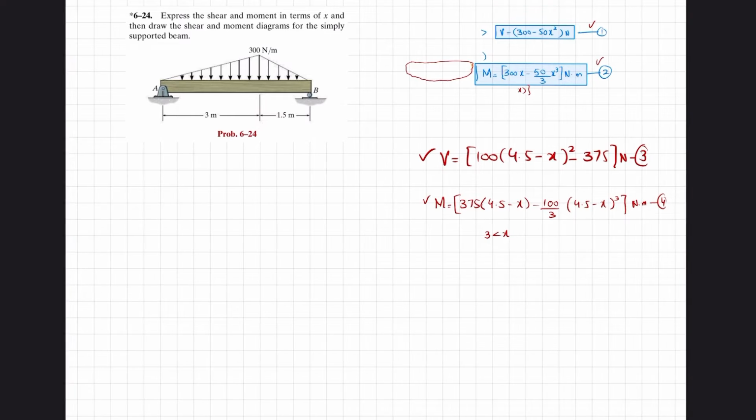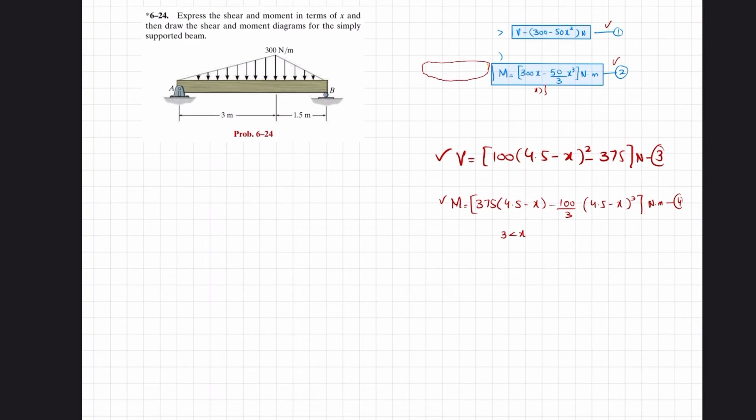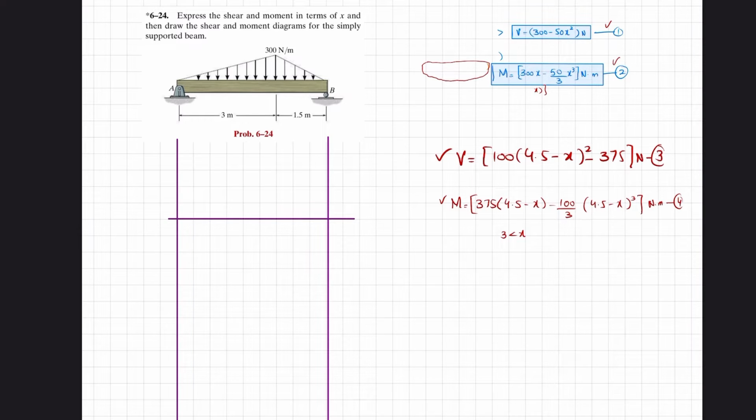So for the bending moment diagram, what I will do is draw a vertical line from each side of the beam, of the length of this beam. Clear? And there will be a horizontal line. So first we will draw the shear force, and shear force will be in Newton. This is your 0 point.